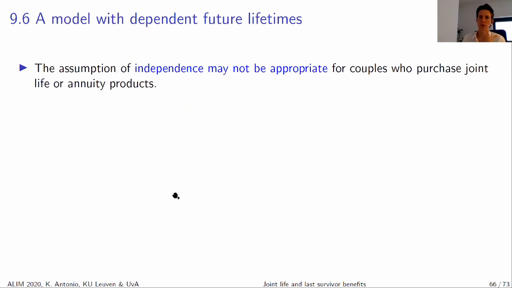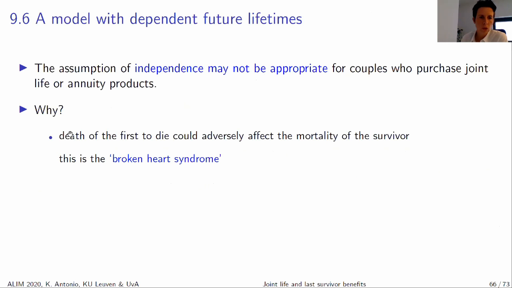Let me just generalize. So what if we do not assume these lifetimes to be independent? Well, then things get quite complicated quickly. Why would we want to leave this assumption of independence? Because the death of the first partner could adversely affect the mortality of the survivor.